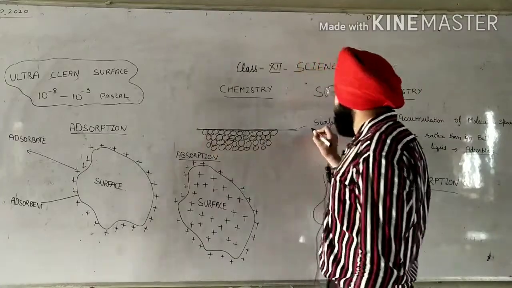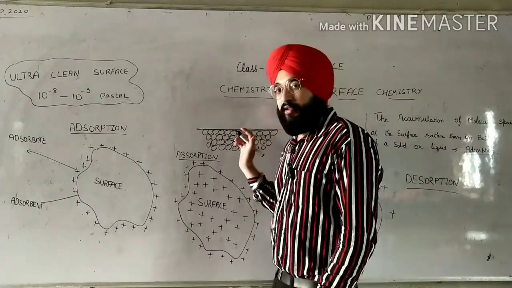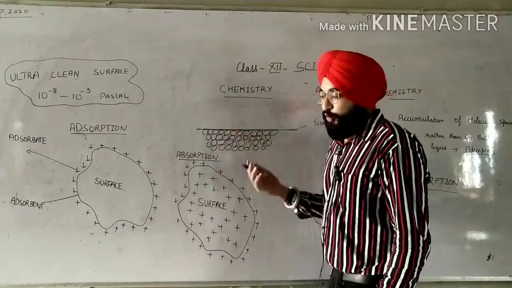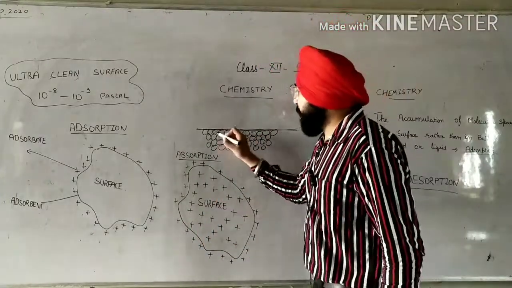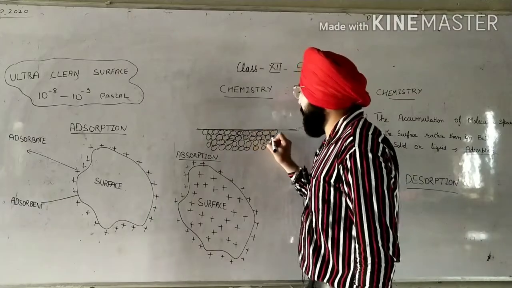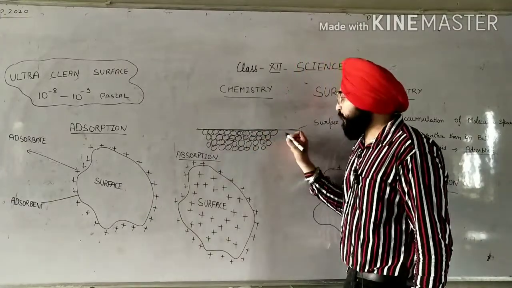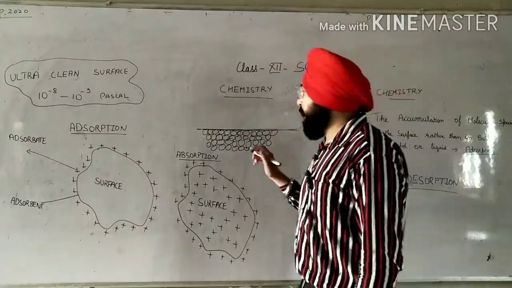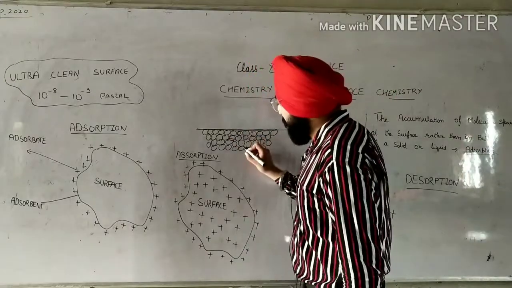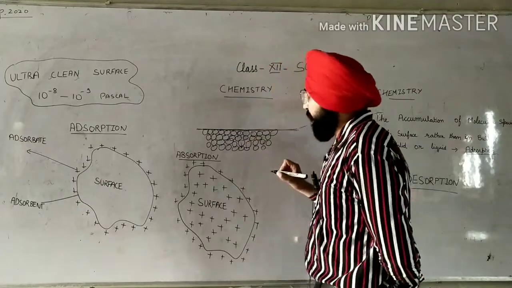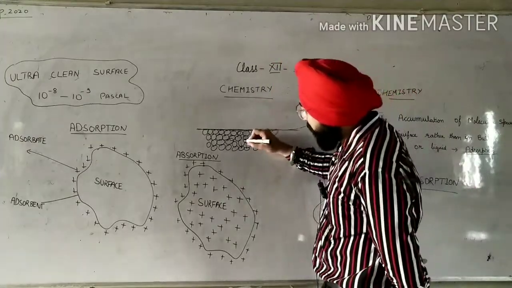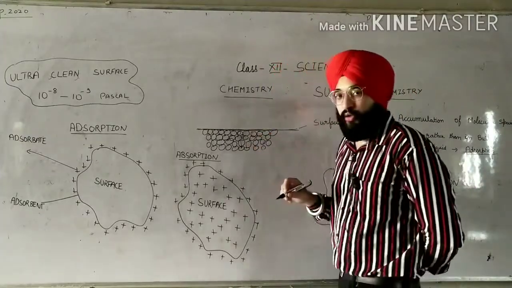This is a clean surface, and as you know, matter has particles, atoms. So these are molecules, or we can say atoms, of which the surface is made. Now you can see in these particles, if the force is in the downward direction, there is an upward force also.